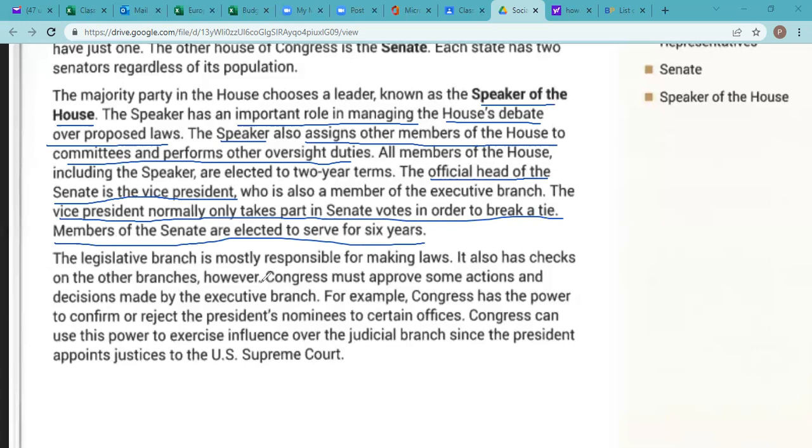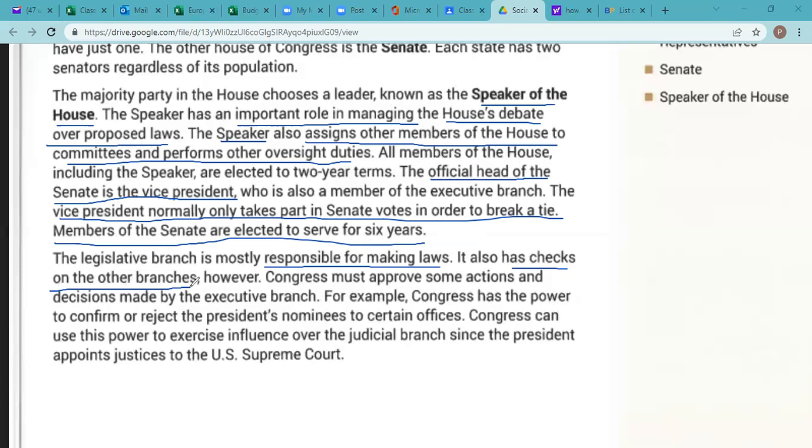All right. Now, the legislative branch is mostly responsible for making laws, and it does have checks on the other branches. So we talked previously about what's called checks and balances in the US government. What that means is, let's say we have the three branches of government: the legislative, the executive, and the judicial.